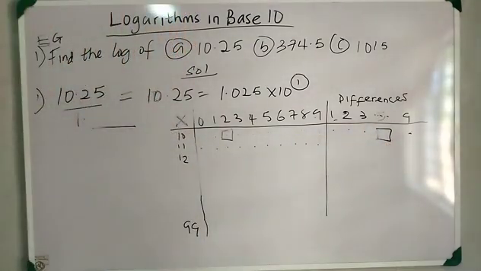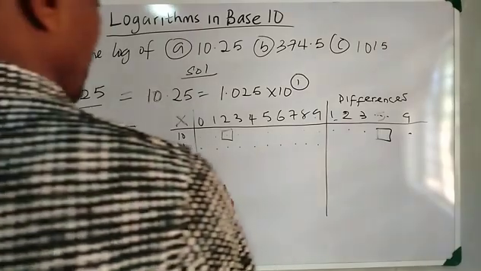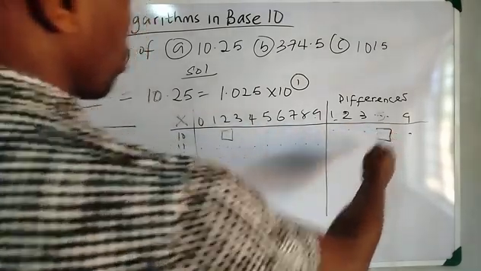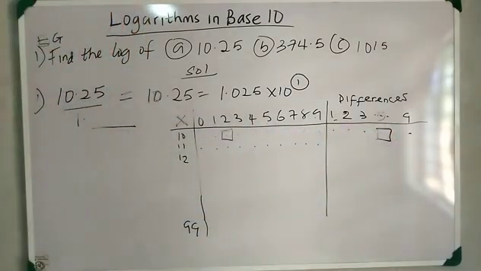How do you get your final answer? So your final answer is gotten by adding the number you got here with the number you got under the differences column, and that's your final answer. Now I am holding my 4-figure table here. Alright, so when I check 10 under 2, mind you, you don't need to cram this. You always have a 4-figure table, and with constant practice you get better.